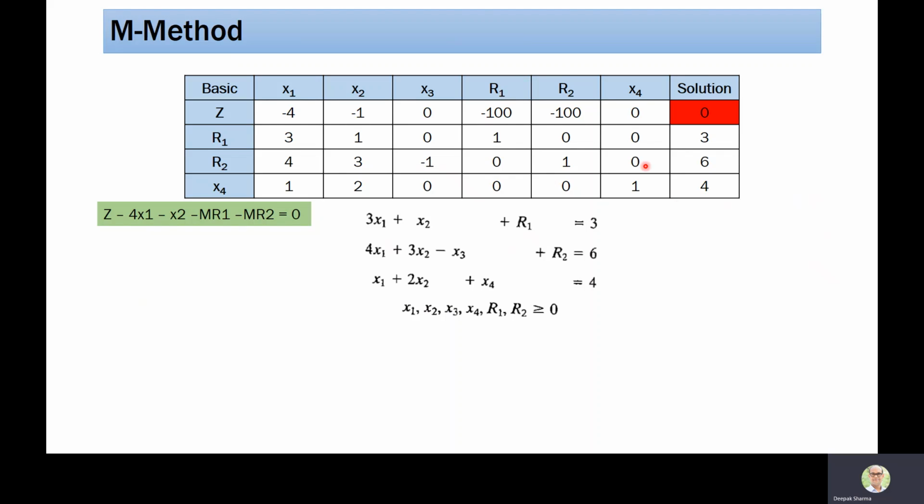So let us start with the very first iteration, in which the simplex table is written here. As we remember, the columns correspond to the number of variables, so we have written x1, x2, x3, r1, r2, x4.